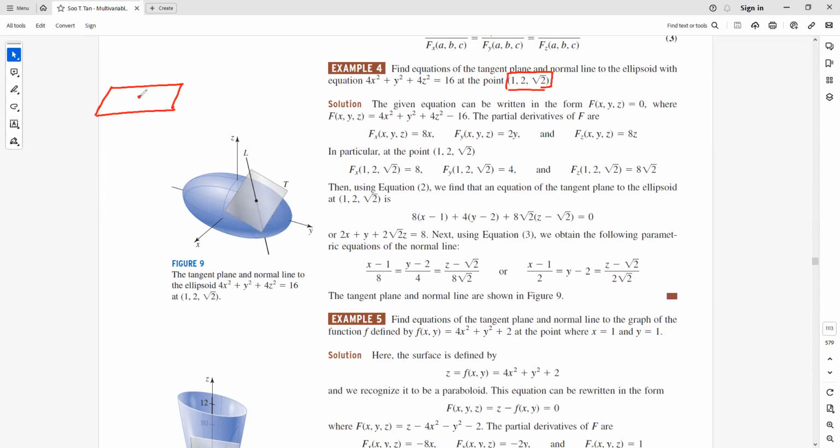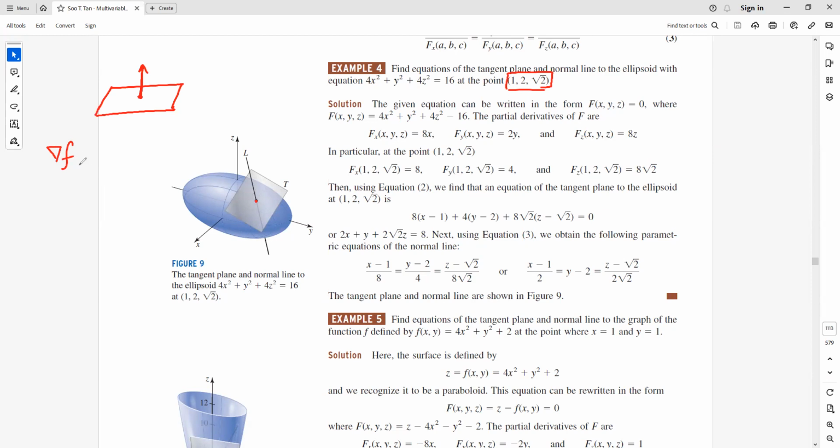Now this vector will be given by the gradient of this function, right? So the gradient is basically the vector that is perpendicular to the tangent plane, that points perpendicularly outward to the plane, right?